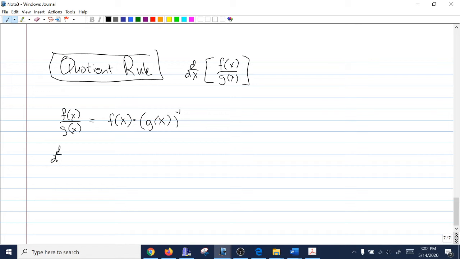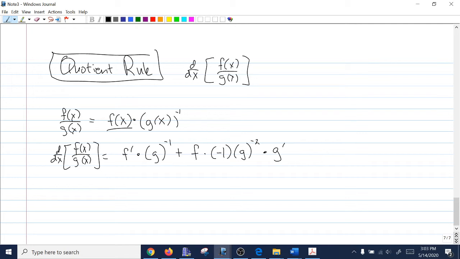The derivative then is going to be product rule: derivative of the first, leave the second part alone, plus leave the first part alone, derivative of the second is negative 1 g to the negative 2 times the derivative of the inside, which is g prime.